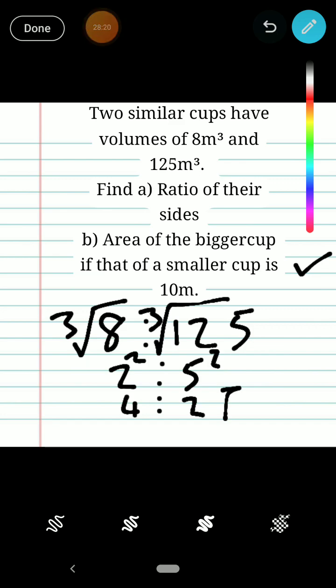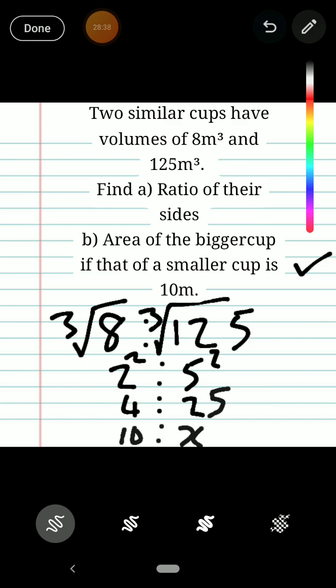Sorry, I was a bit disturbed. It's supposed to be 25. So these are the ratios of the areas. Now they have said the area of the smaller cup is 10.